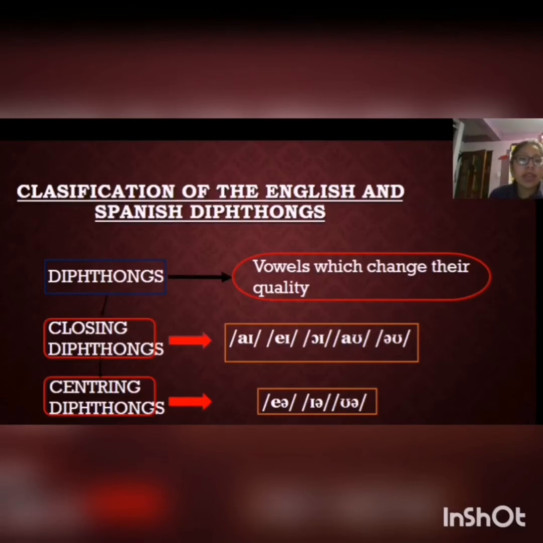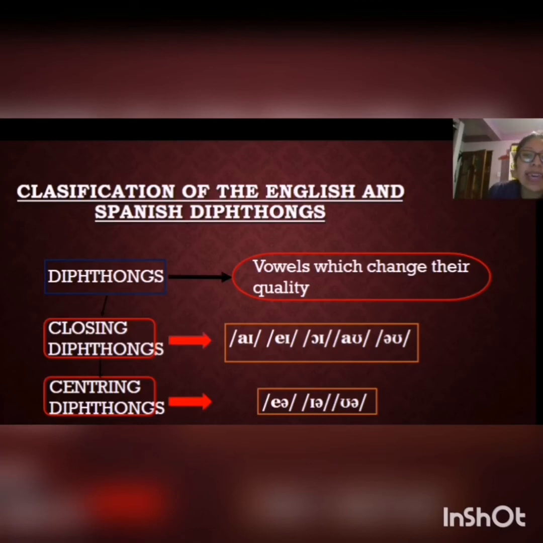Now it's time to talk about the diphthongs. As we said at the beginning of the video, English has three types of vowels: the monophthongs, the diphthongs, and the triphthongs. The monophthongs are the 12 pure vowels that we already saw before. Now the diphthongs are just 8.